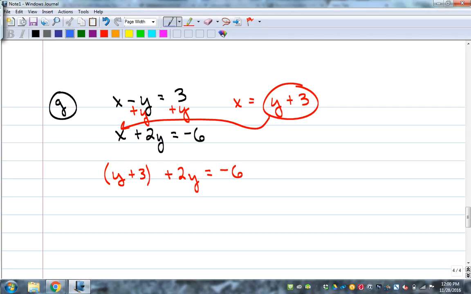What happens on this side? Well, combine like terms. So y plus 2y would be 3y plus 3 equals negative 6. And then what? Minus 3.